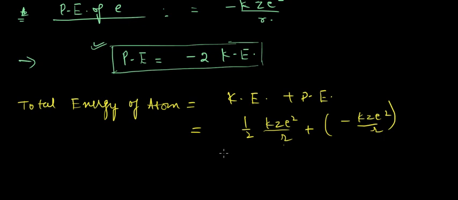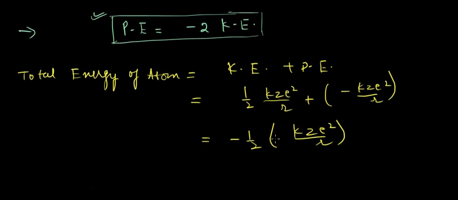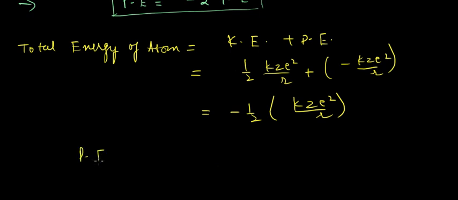So the total energy of the atom comes out to be minus half kZe square upon r. In other words, potential energy is twice the total energy, and kinetic energy is the negative of total energy.